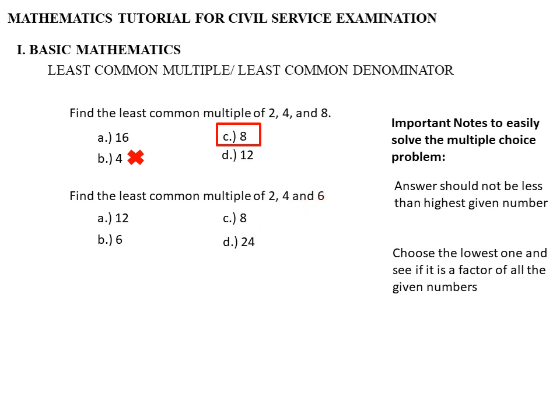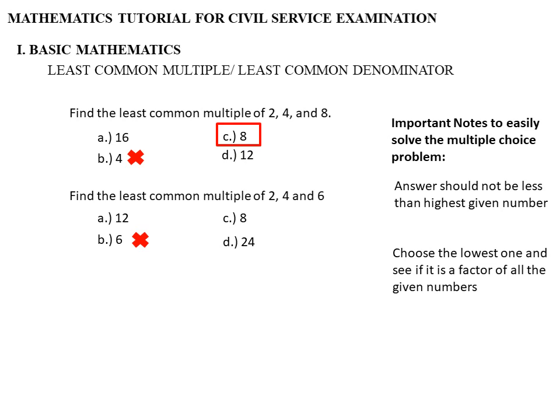Let's choose the lowest one, which is 6. Is 6 a multiple of 2? Yes. Is 6 a multiple of 4? No. So 6 is not a common multiple of 2, 4, and 6.